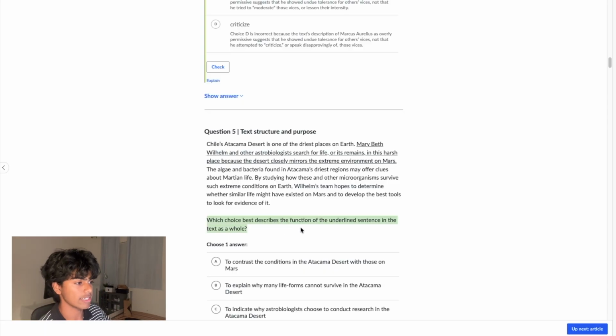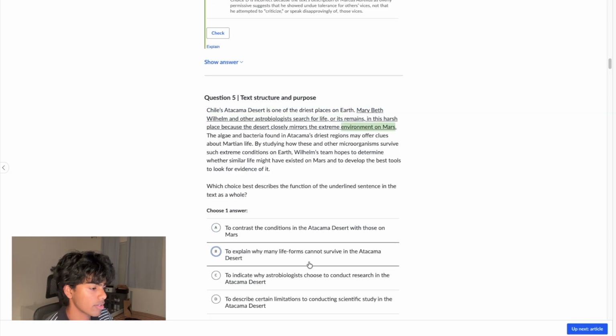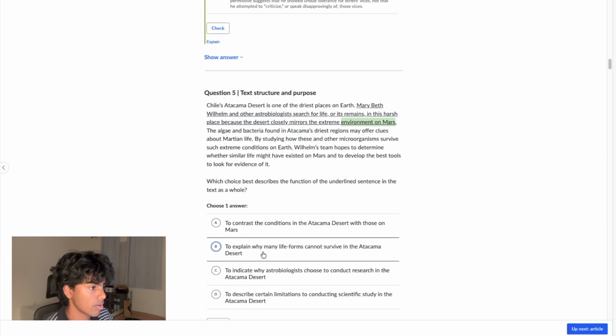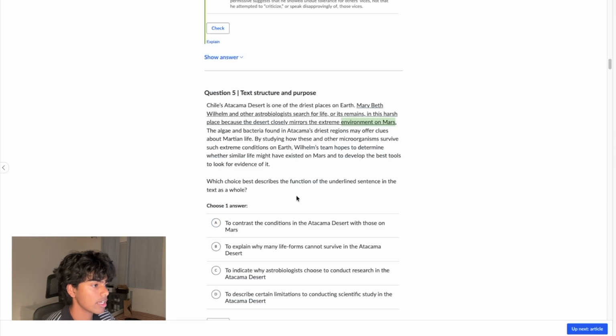So what is the function of the sentence? Well, they established a desert here, and now they're comparing it to Mars. And so this could help show this is, well okay. A might be a nice answer for a lot of people, to contrast the conditions, but you can see that it doesn't really contrast the conditions.